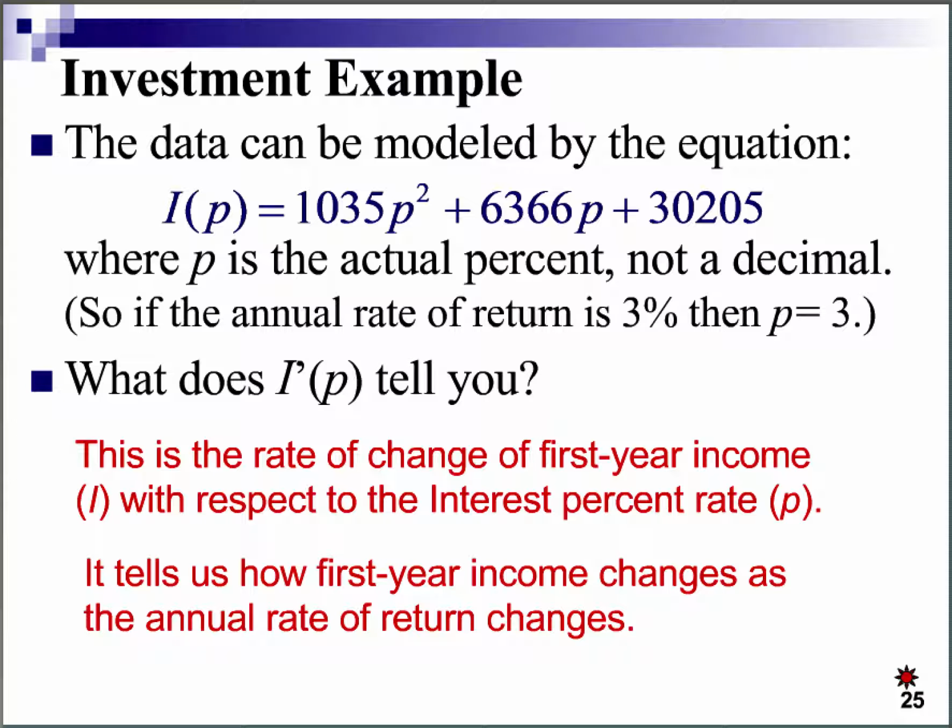If I could get 1 more percent per year, remember marginal change is always the change over 1 more unit. In this case, the unit is 1%. So if I could get 1 more percent per year over what I'm getting now, how would that raise my projection for my first year of income during retirement? So that's what the derivative of this function tells me.